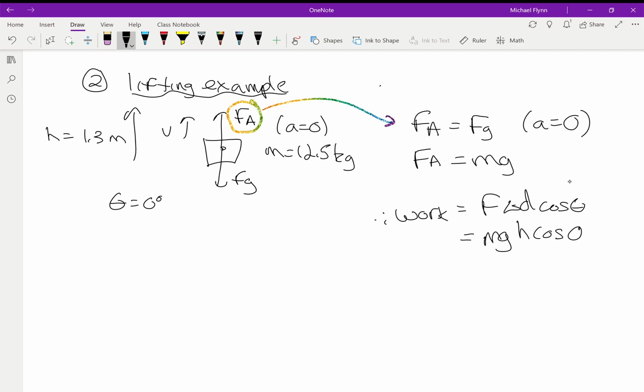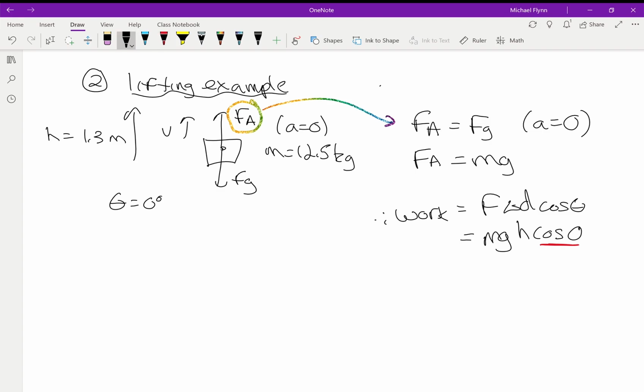And the cos of 0, students don't get this. I'm going to circle this in red. Cos of 0 is not 0. Just take out your calculator and go 0 and press cos. It's 1. And whenever theta is 0 degrees, you can just write force times displacement. You don't have to write the cos of theta, because cos of theta is just 1 if theta is 0.